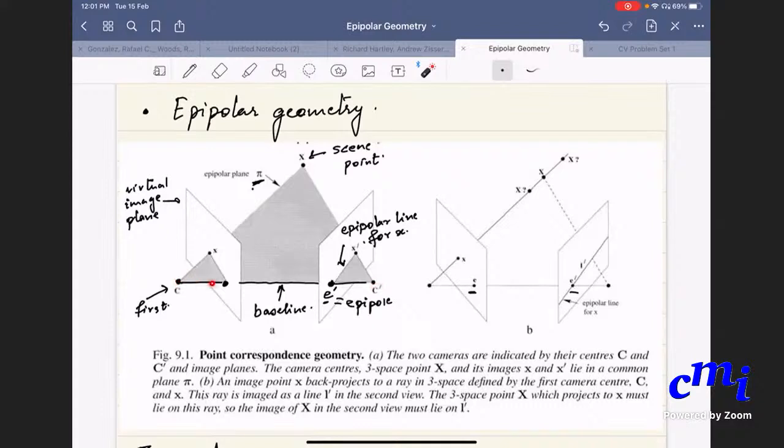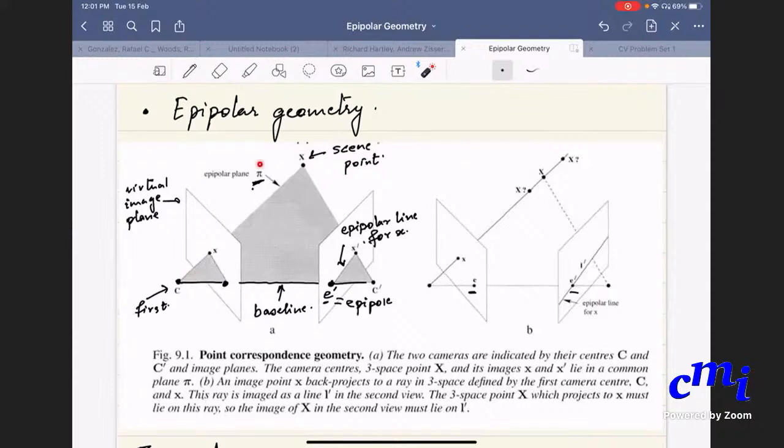And this baseline, the points at which it intersects the two images, those we said last time are called epipoles. These will also lie on that plane. So in fact, all the components in this image are coplanar: camera centers, scene point, the corresponding image points, the epipoles, and the baseline. All these lie on the same plane.